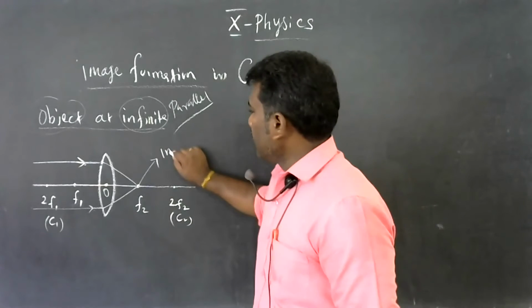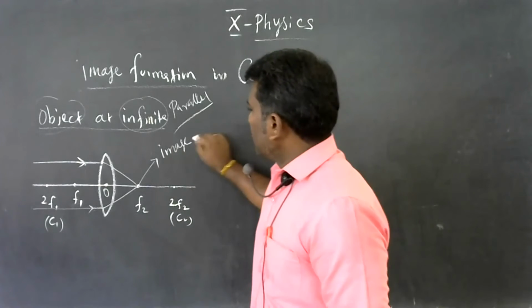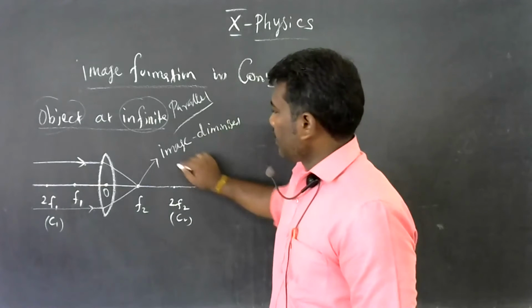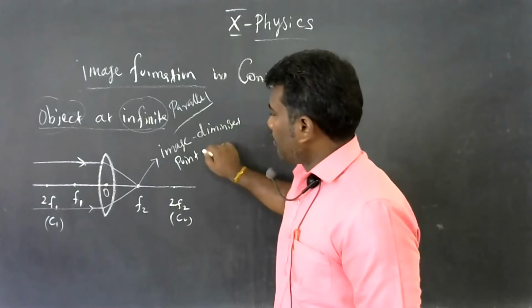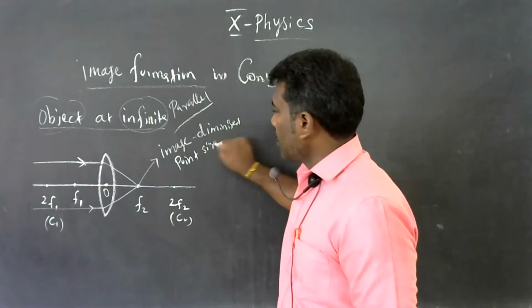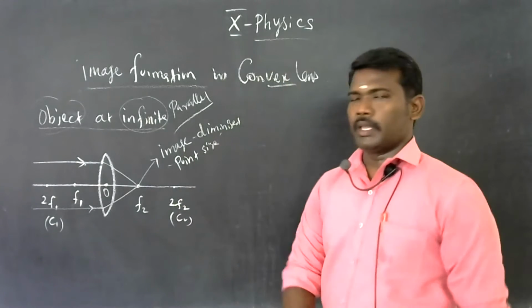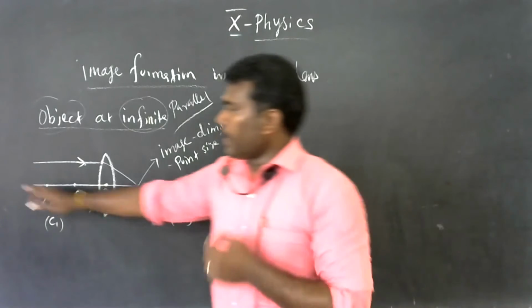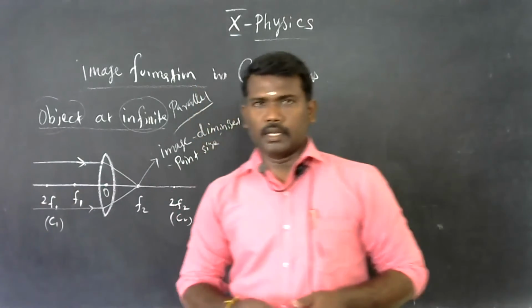The size of the image is very diminished. Simply we can say that we are getting a point size image or point image. So the size of the image is very small when you are locating the object at infinite distance.